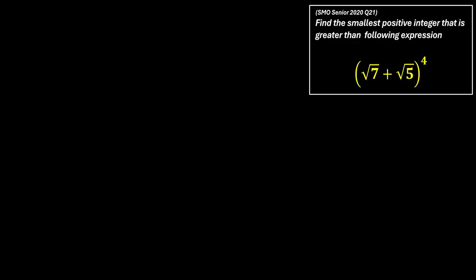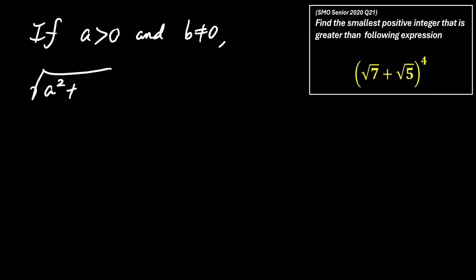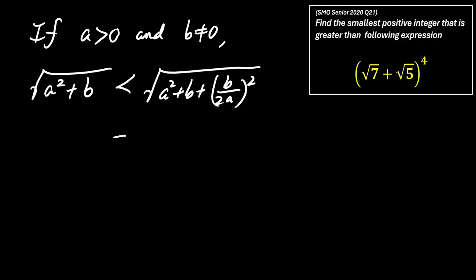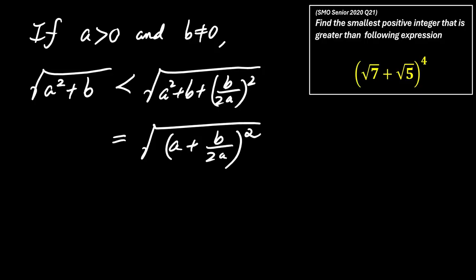Let's understand how to estimate expressions like square root of 35. Suppose a is greater than 0 and b is not equal to 0. Then square root of (a squared plus b) is less than square root of (a squared plus b divided by 2a squared), which is equal to the absolute value of a plus b over 2a.